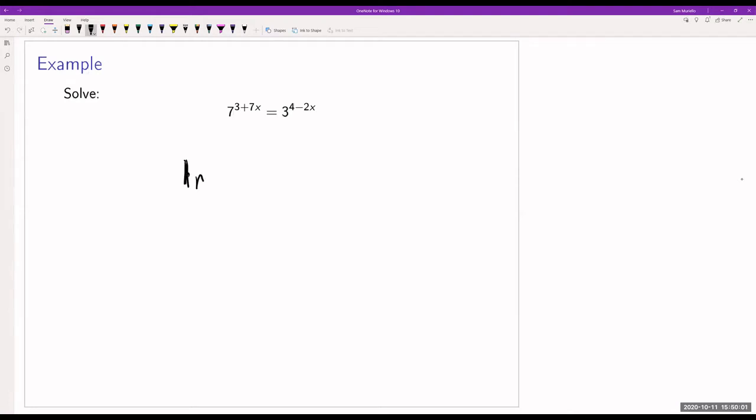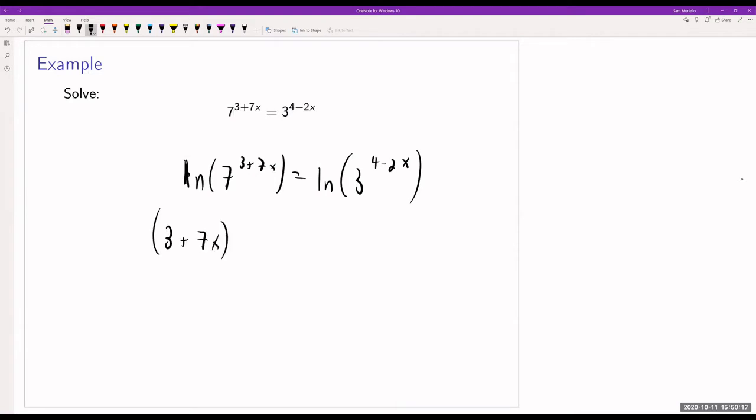So we'll take an ln of 7 to the 3 plus 7x is equal to ln of 3 to the 4 minus 2x. This means that I'll have 3 plus 7x multiplied by ln of 7, equal to 4 minus 2x times ln of 3.